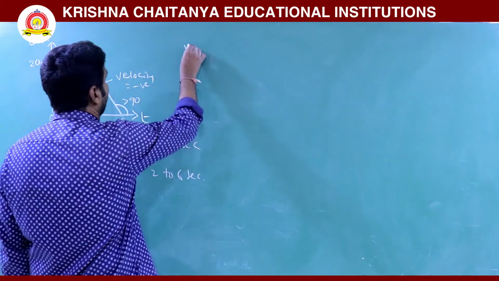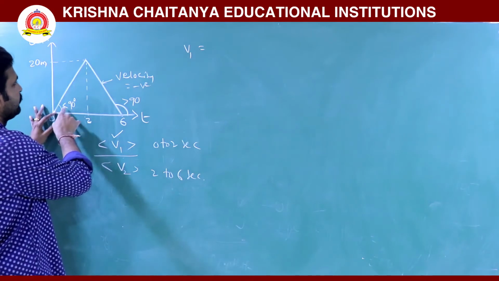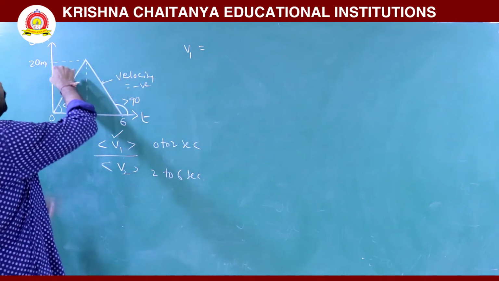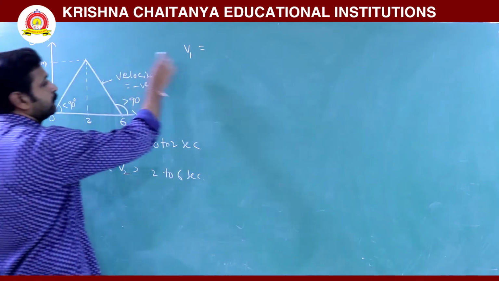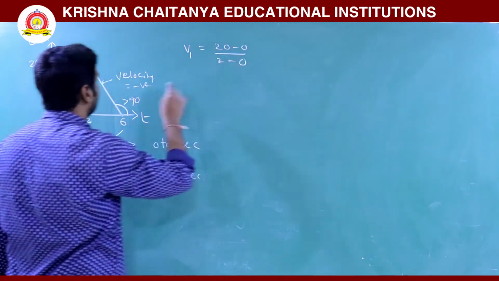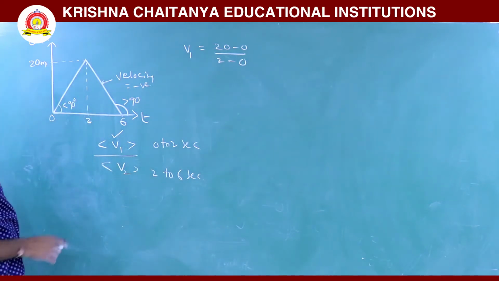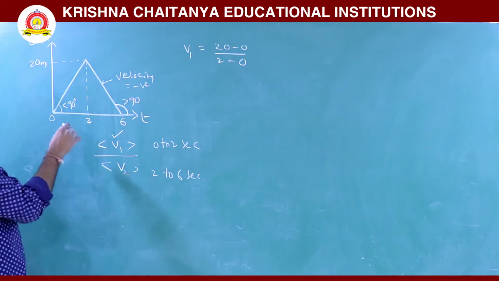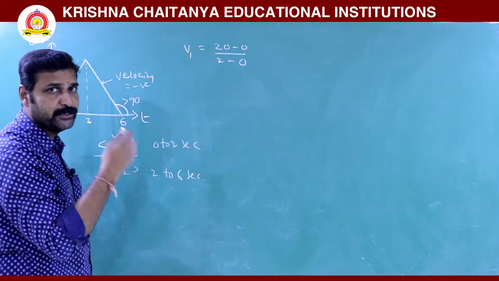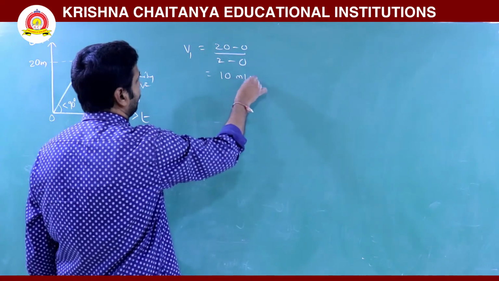Then for V1, the slope is y2 minus y1 by x2 minus x1, which is 20 minus 0 by 2 minus 0. Displacement divided by time is the slope, which is 20 by 2, that is 10.